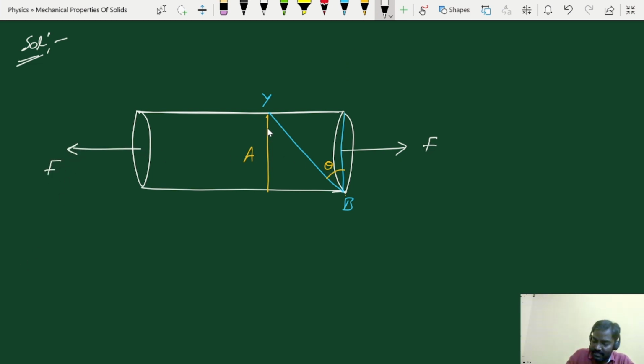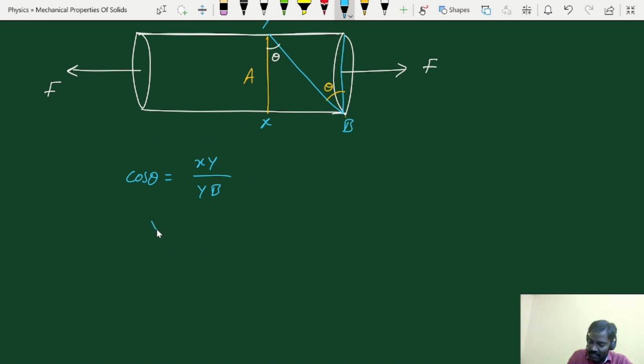If this angle is theta, this is also theta. So from the diagram, from right angle triangle XYB or YXB, cos theta is equal to adjacent side XY section by YB section area. So the required YB section area: area of YB section is equal to area of XY section by cos theta.